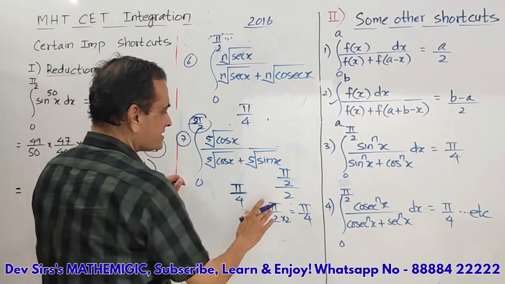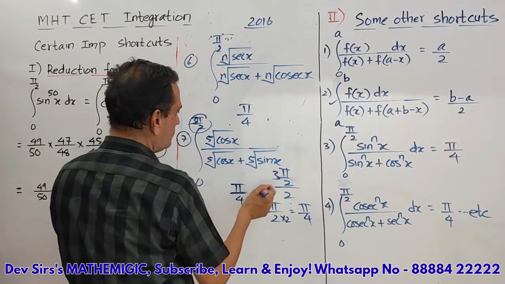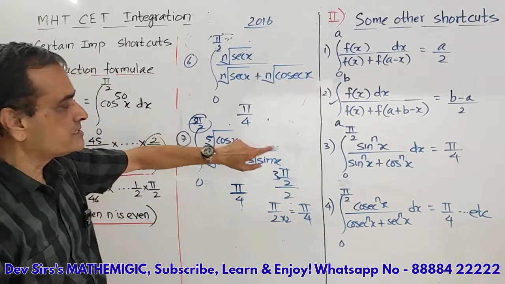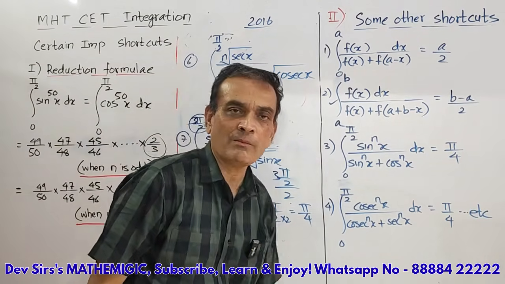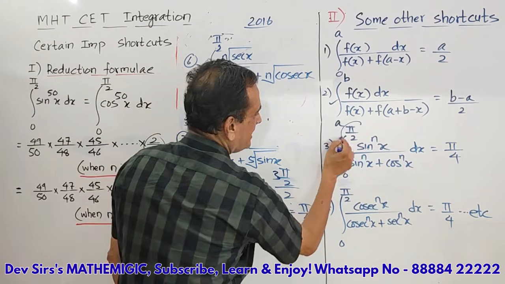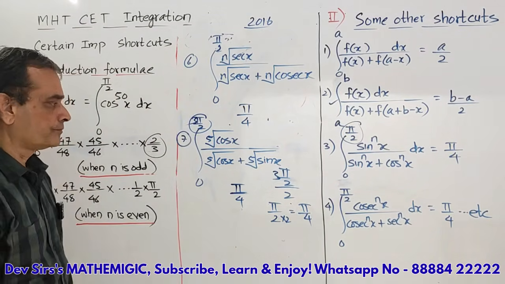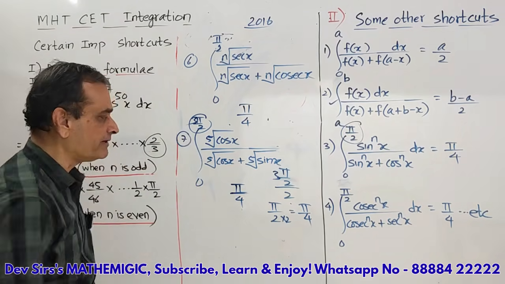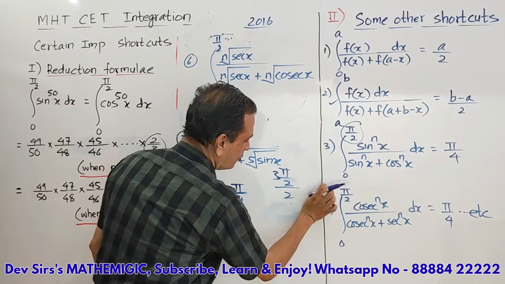Okay, in that case it will be 3 pi by 2 upon 2, a upon 2, 3 pi, but usually if 0 to pi by 2 came, the answer is pi by 4 only. That means this divided by 2. If 3 pi by 2 is here, 3 pi by 2 divided by 2 will give you 3 pi by 4.